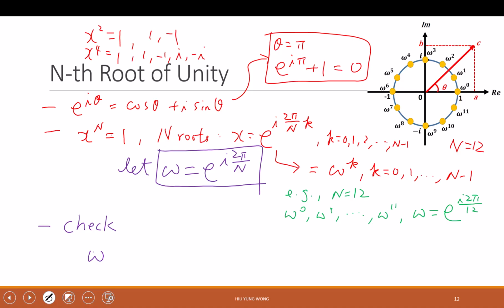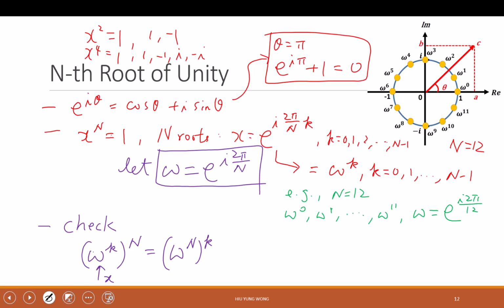I plug in x, where x equals omega to the power k, into the equation x to the power n. And you know that I can swap the indices, so this becomes omega to the power n, and then to the power k.